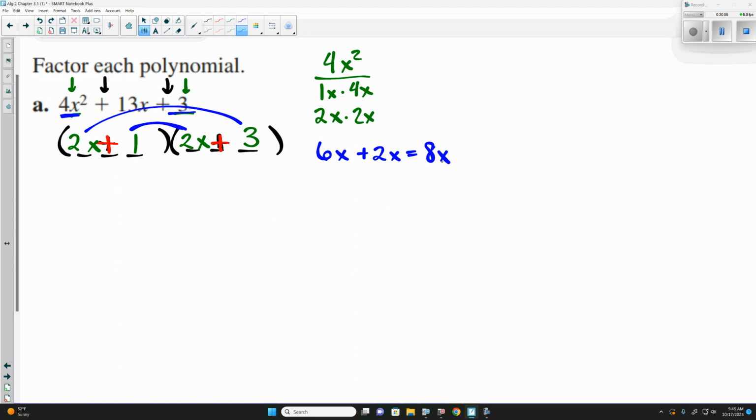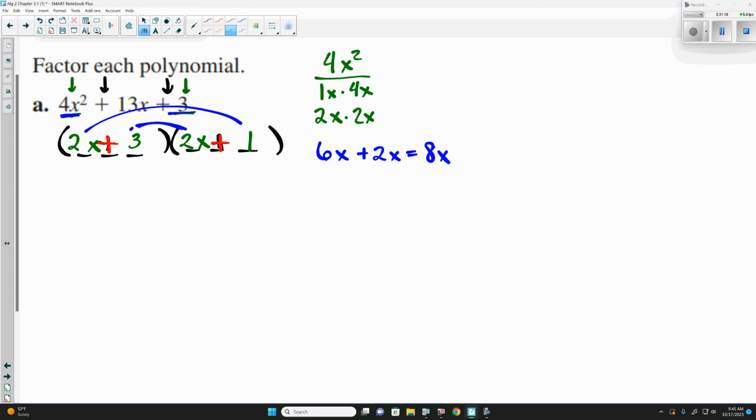If I switch the spot of 1 and 3, will it change anything? No, because if we switch 1 and 3, I'll go on and show it. Well, I'm doing 2x times 1 and then 3 times 2x. Even though it looks different, it's the exact same thing, yes?